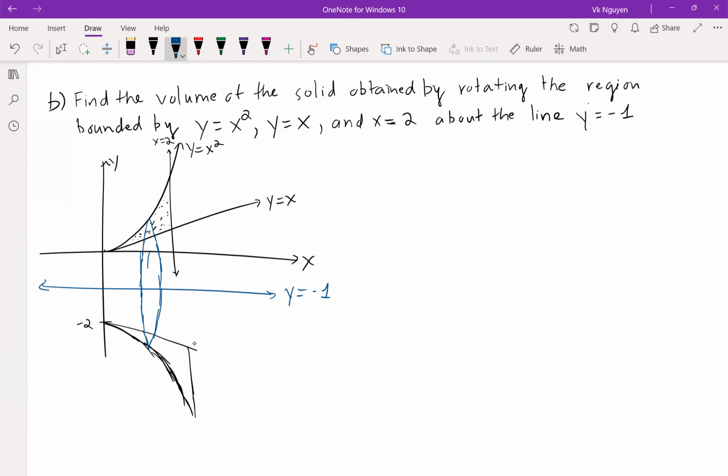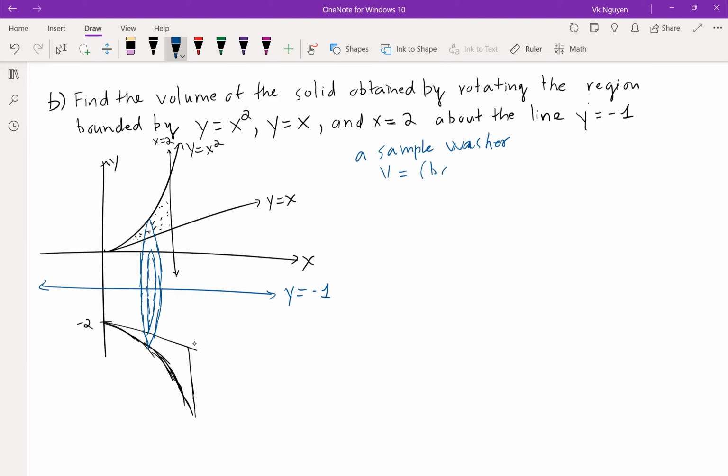There's the gap in the middle. Sample washer.